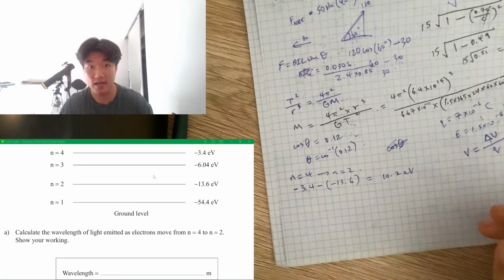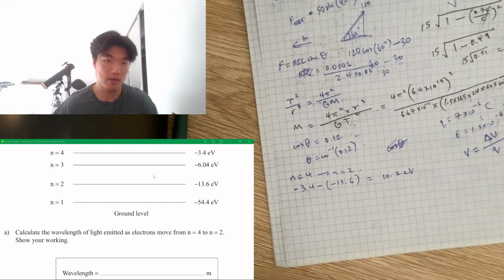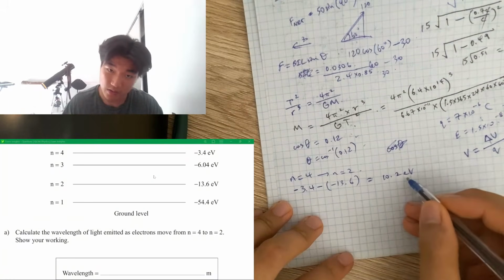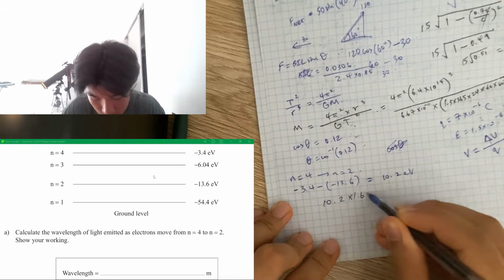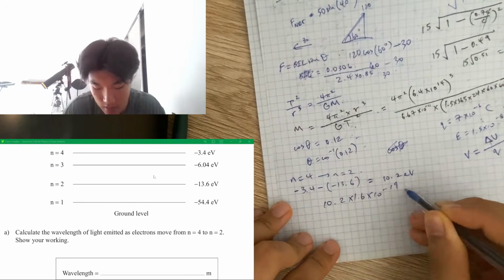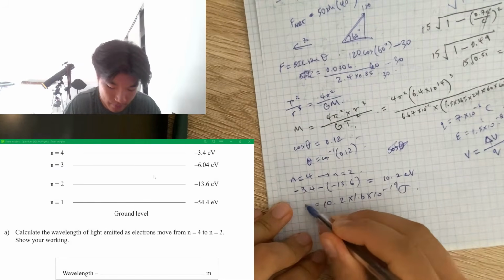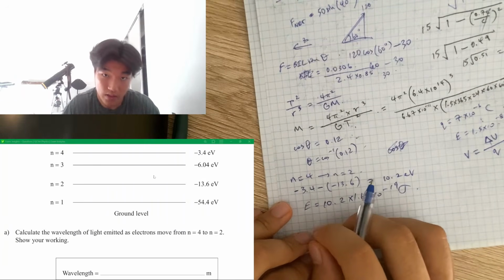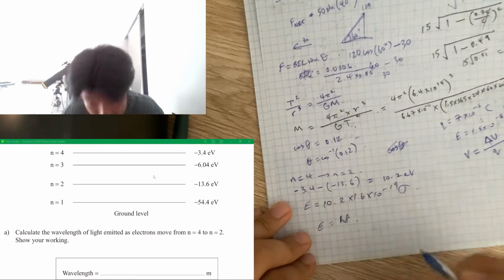So that's the energy emitted. That's the energy that the electron lost, and therefore it emitted all that energy as a photon with a specific wavelength, right? So we need to first convert this to joules. So 10.2 times 1.6 times 10 to the negative 19 joules, right? That's the energy. To get the wavelength of the photon, we use E equals hf.